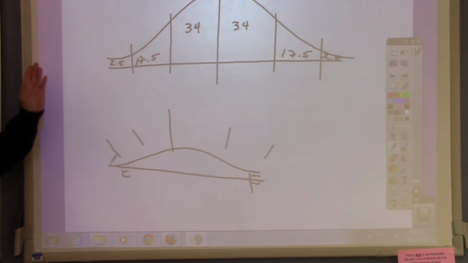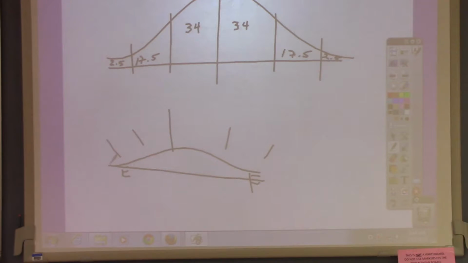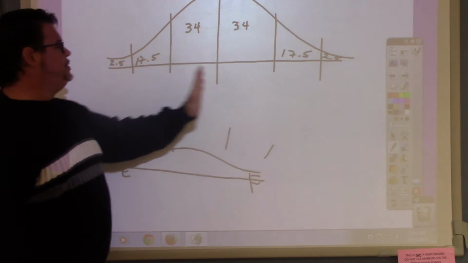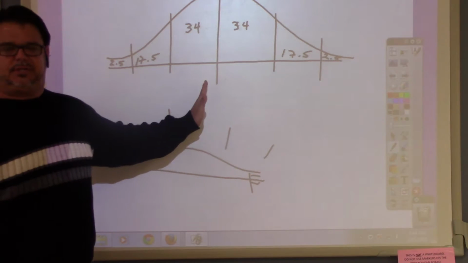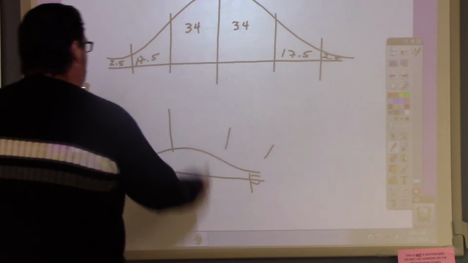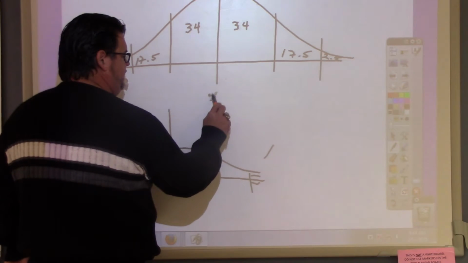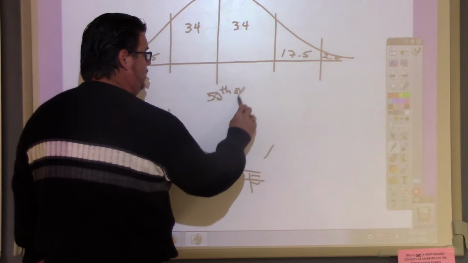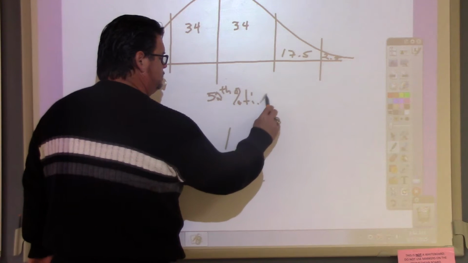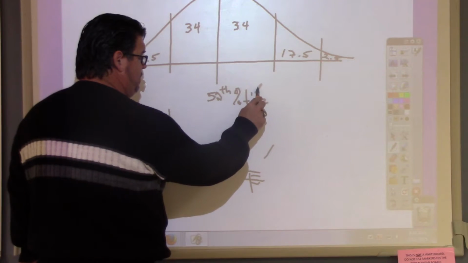So your percentiles come basically from the empirical rule and where you are in relation to center. Of course, center is the most important thing in statistics. So we could say this is the 50th what? Percentile.